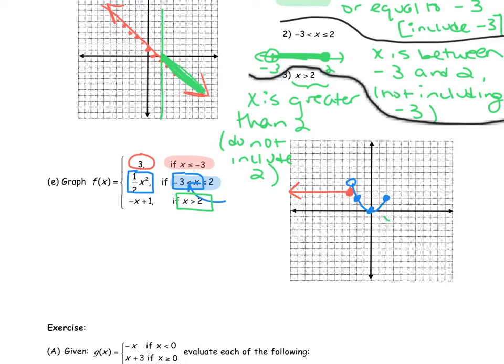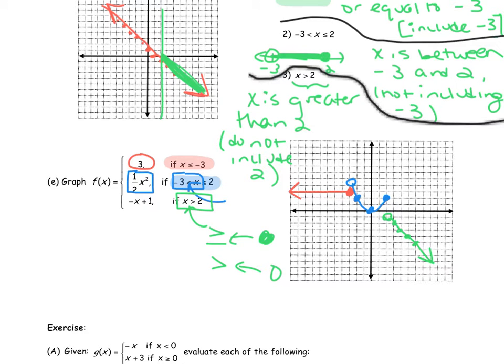I have 3, -2, and continue that pattern. Again, remember, notice the open circle because it's not greater than or equal to. That would mean it's closed. Because it's greater than, it's just an open circle. Okay? So this is what my piecewise function would look like if I graphed all of those pieces together.